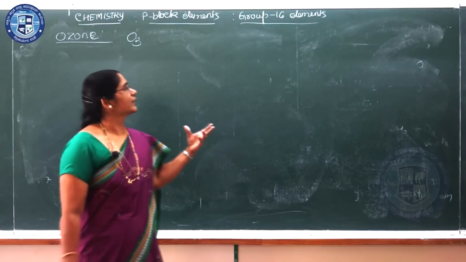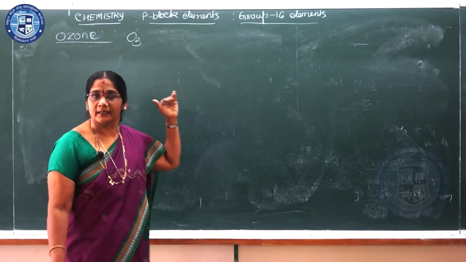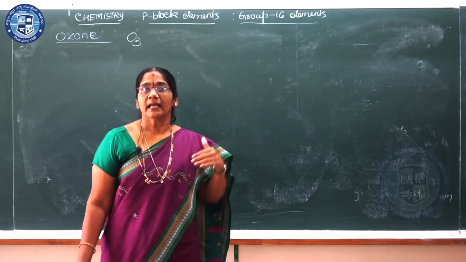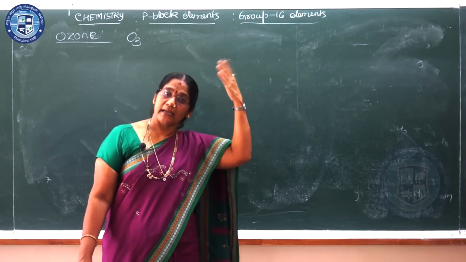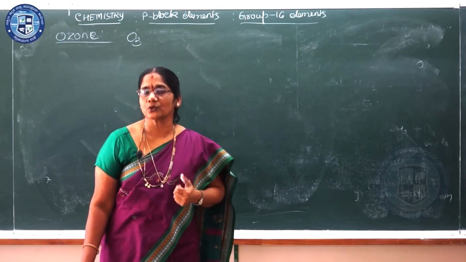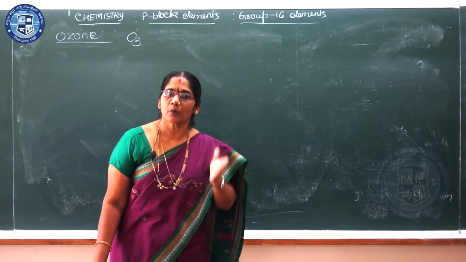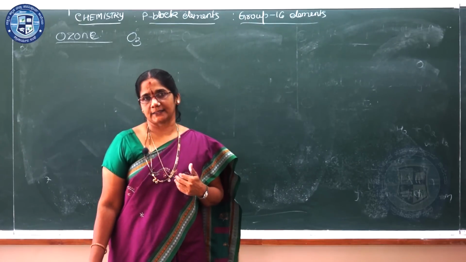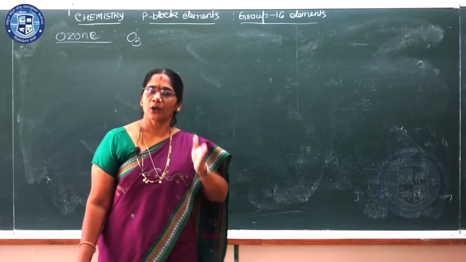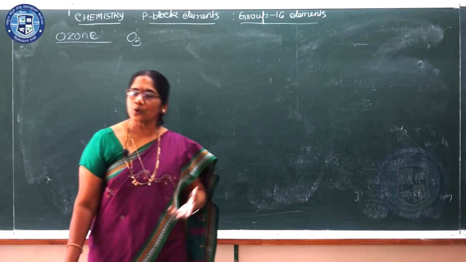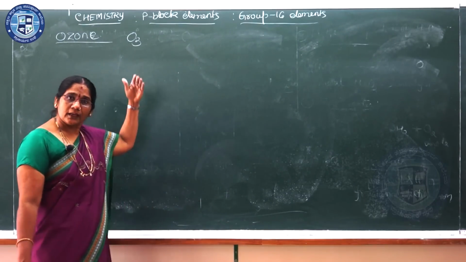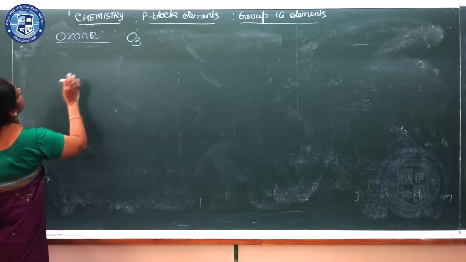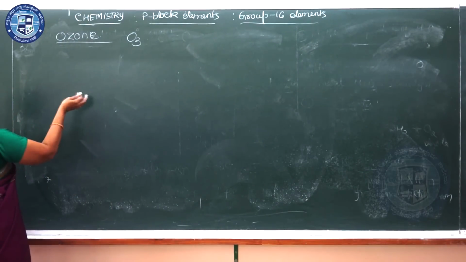First we will start with the preparation of ozone. Before that, where is ozone? It's 20 kilometers height from the earth. There is the ozone layer. It is prepared from oxygen by the action of UV light. The action of UV light on oxygen converts it into ozone, at a very high altitude of 20 kilometers from the earth's surface.